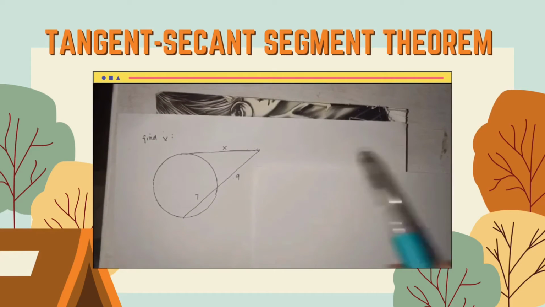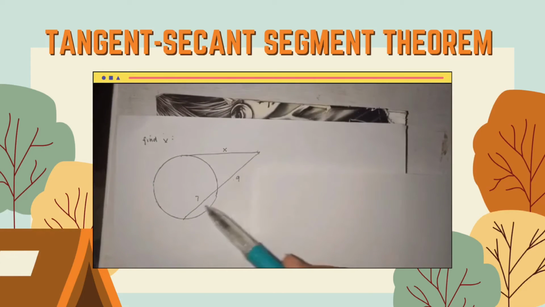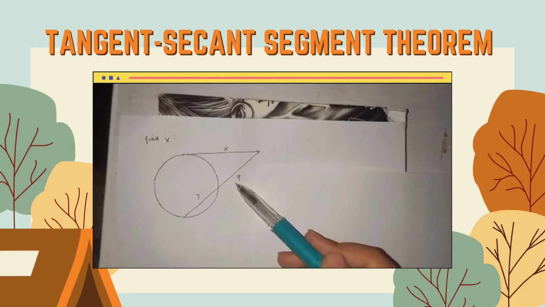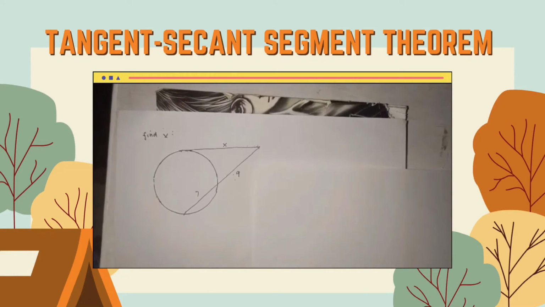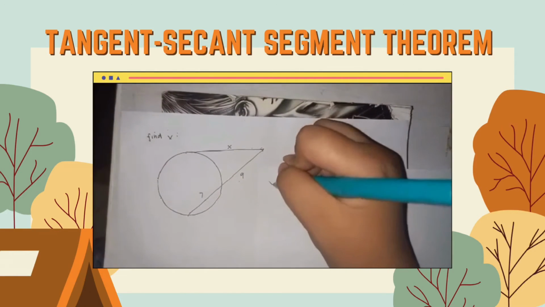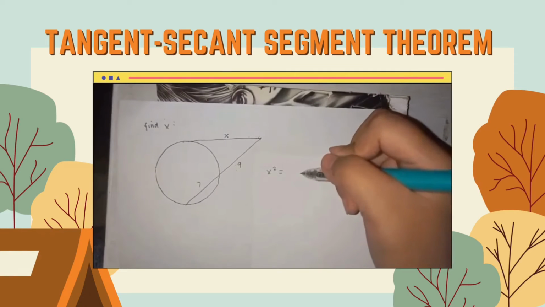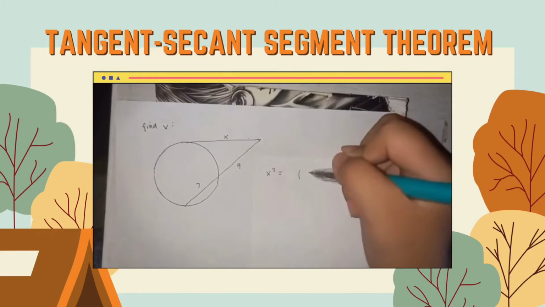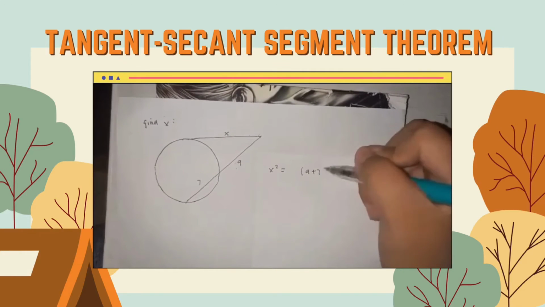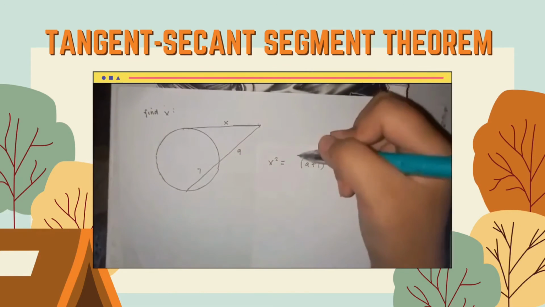We have here our tangent segment which measures x, and our secant segment 7 and the external part 9. So following our theorem, the square of our tangent segment is equal to the total length of the secant, so 9 plus 7, times the external segment of the secant, so 9.